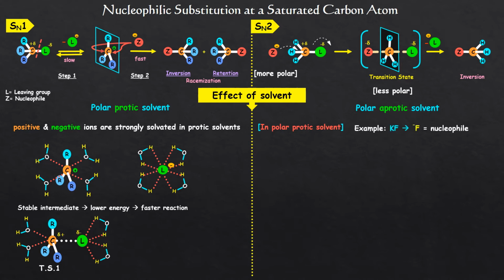Let us understand it by taking an example of potassium fluoride, where the fluoride ion will act as a strong nucleophile. As the solvent is protic, K+ will be stabilized by the lone pair of oxygen, while the fluoride ion will be stabilized, or we can say solvated, by hydrogen bonding.